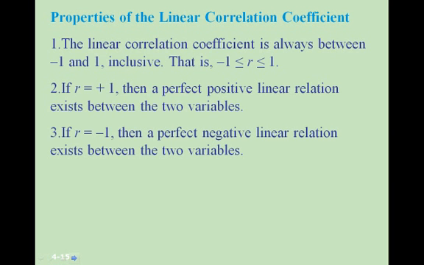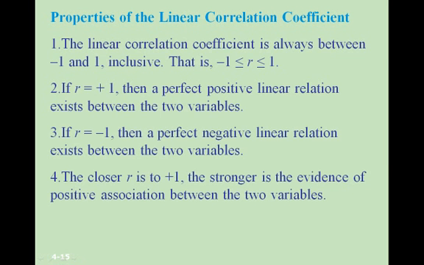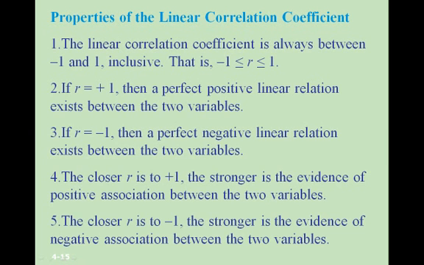If r equals -1, then a perfect negative linear relation exists between the two variables. The closer r is to +1, the stronger is the evidence of positive association between the two variables. The closer r is to -1, the stronger is the evidence of negative association between the two variables.